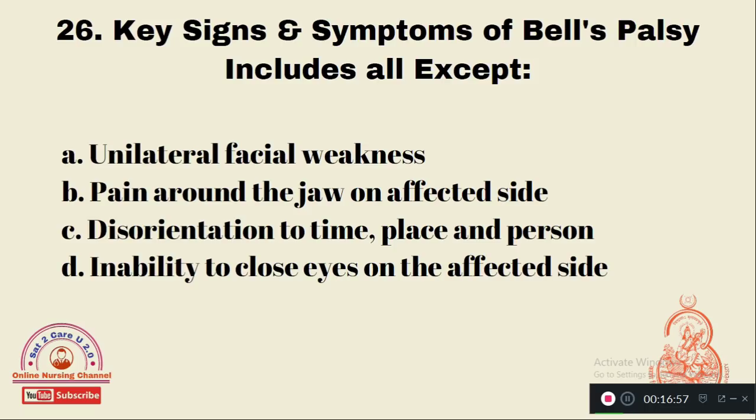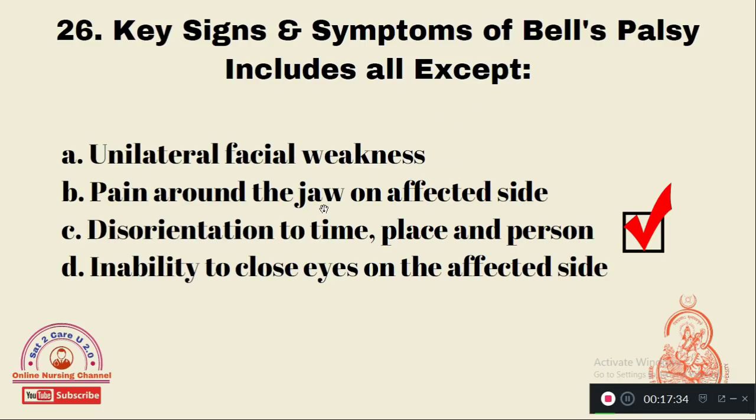So here the answer is option C. Sorry, since the question says except, the answer is the one that is not a sign. In Bell's palsy, the main signs and symptoms are unilateral facial weakness, pain around the jaw on the affected side, and inability to close eyes on the affected side. These three are the signs and symptoms of Bell's palsy.